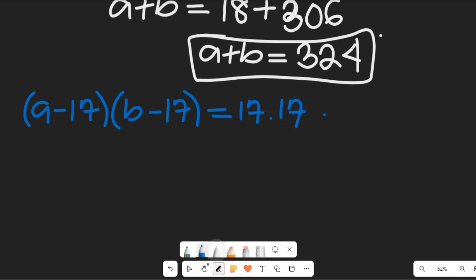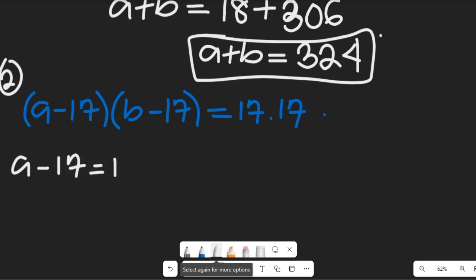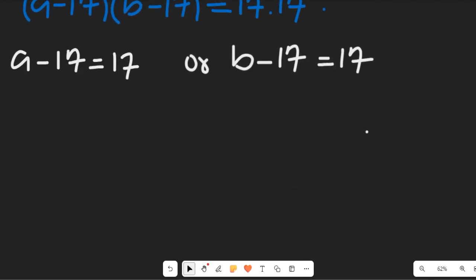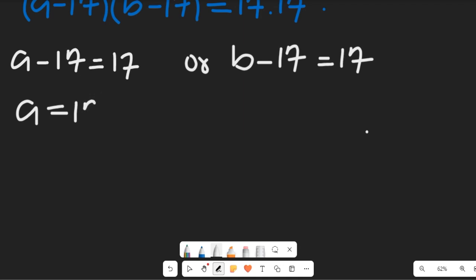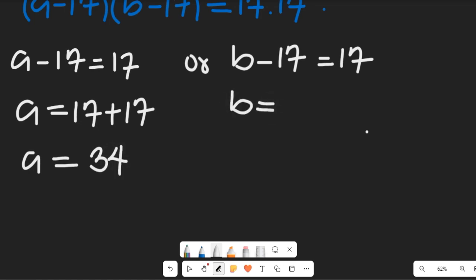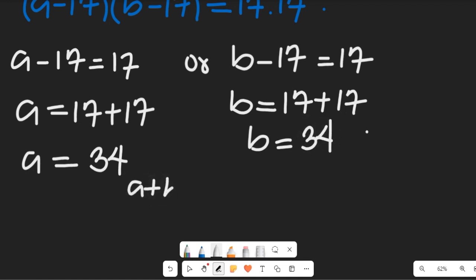We'll have A minus 17 equal to 17, or B minus 17 equal to 17. If we simplify this, A will be equal to 17 plus 17, which gives us 34, right? And here B will be equal to 17 plus 17, and then B will be equal to 34.